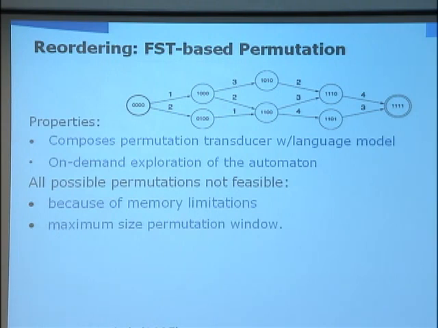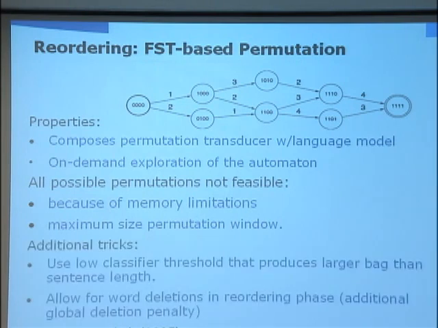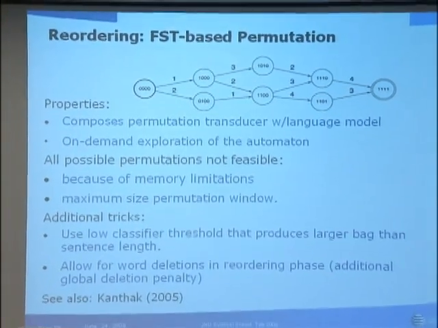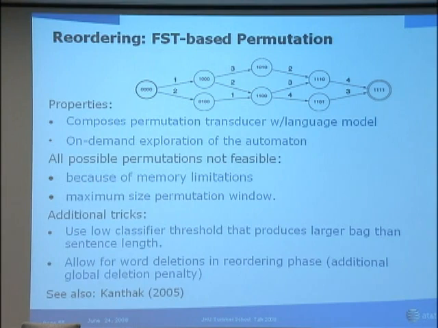But if there are 20 words, then I can't really compute 20 factorial. Maybe I can in a smarter way, but there are memory limitations, and so one of the tricks that we use is to limit the size of the window and how much movement these words can have. But this is work in progress. If you want the details, you can look at that paper.